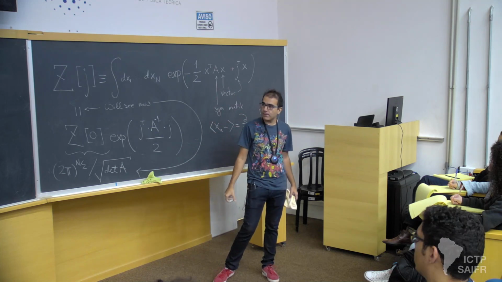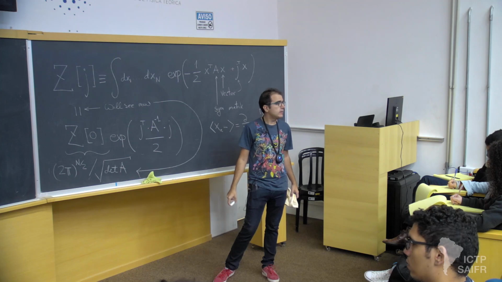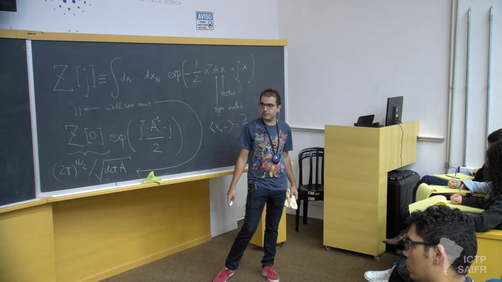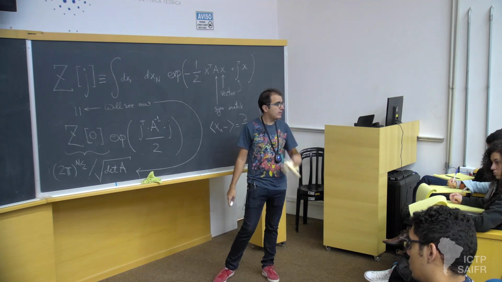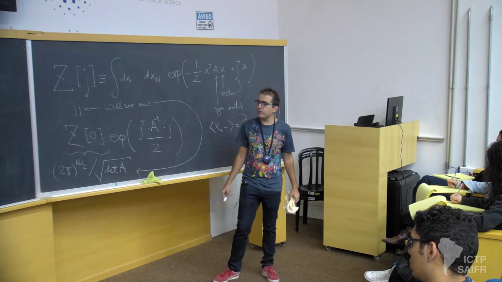When you were drawing those graphs, a question that I had yesterday was, for example, when I was drawing the third order graphs, how do I know if I already drew all possible distinct graphs?